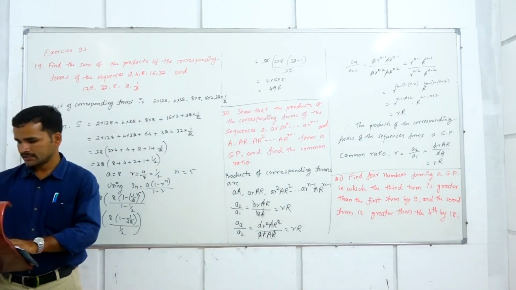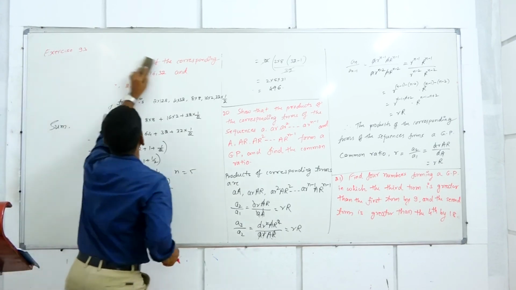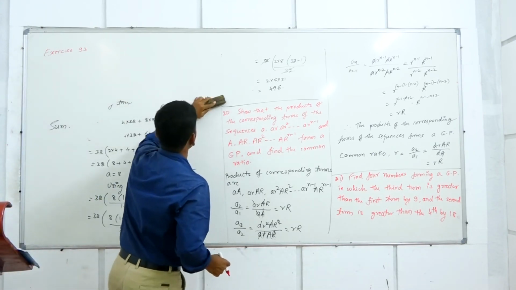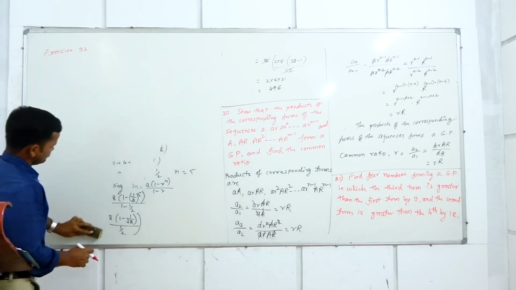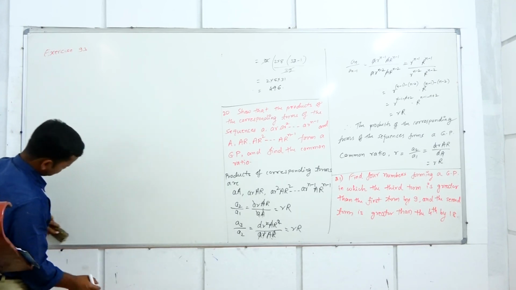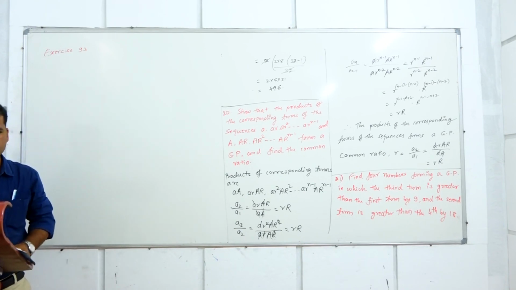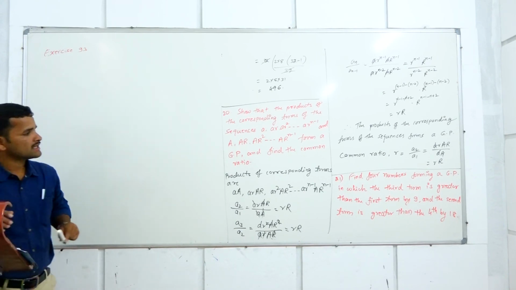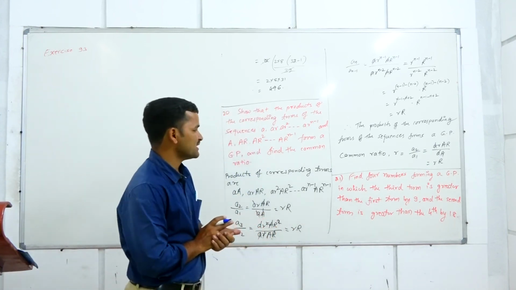See, the question is saying that find four numbers forming a GP.